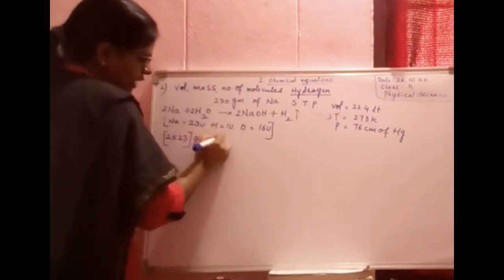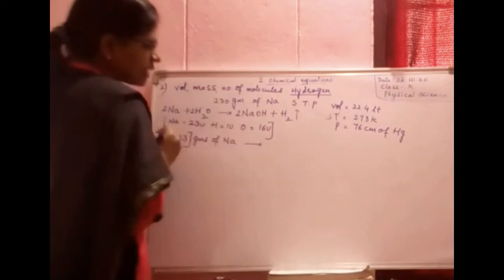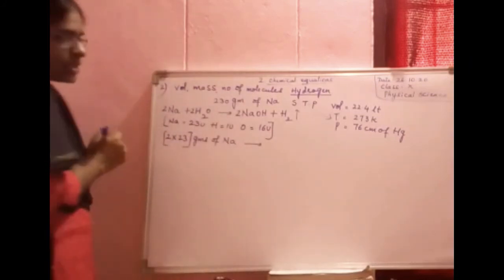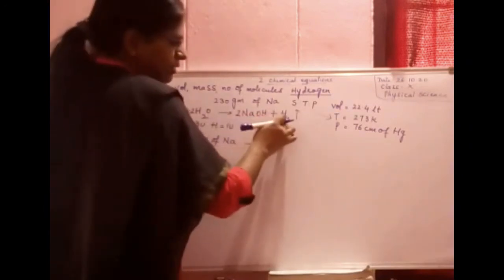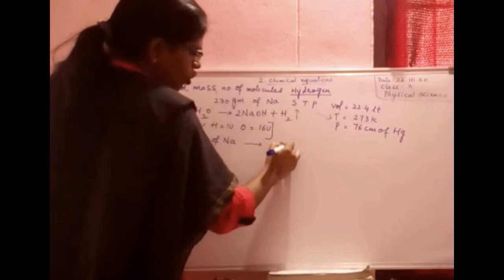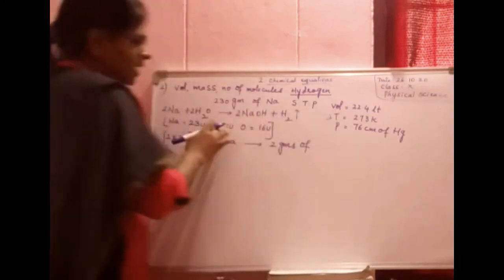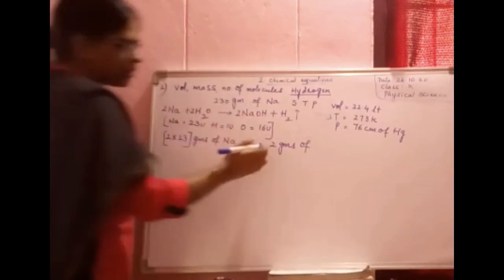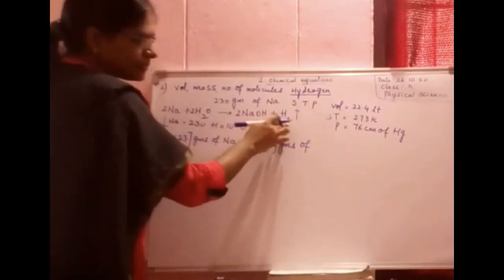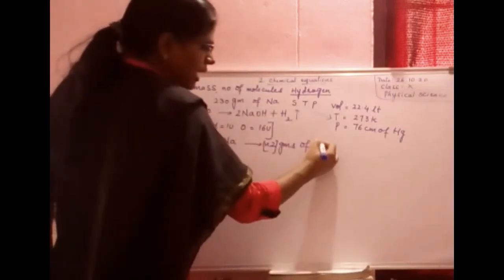Sodium is giving how many grams of hydrogen? 2 grams, because hydrogen's atomic mass is 1, and 1 into 2 is 2 grams of hydrogen.